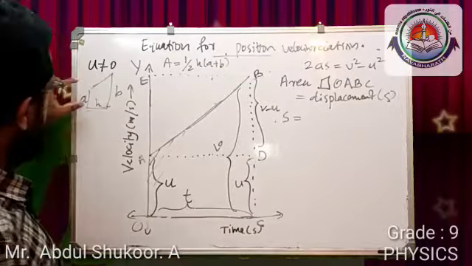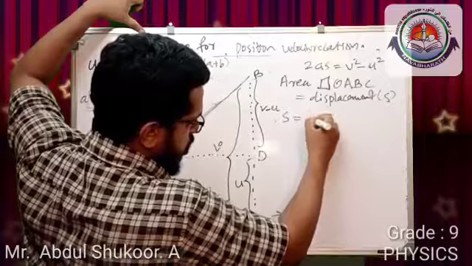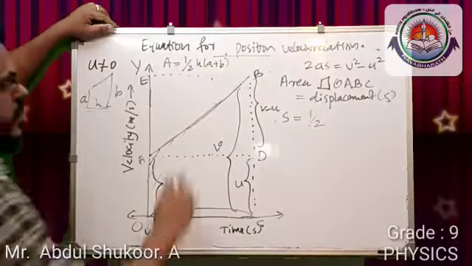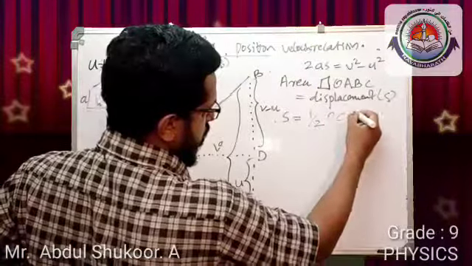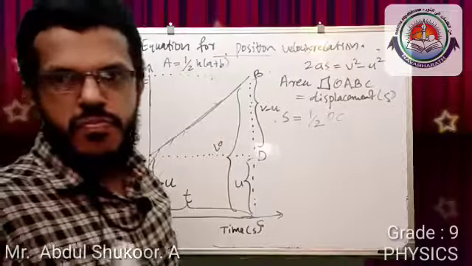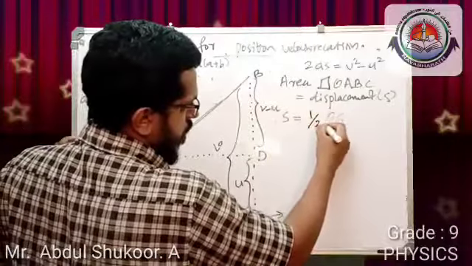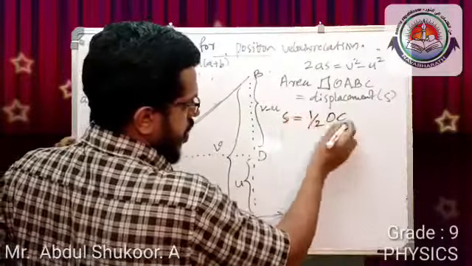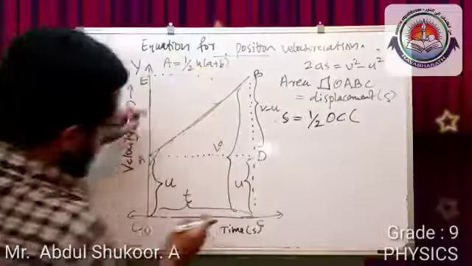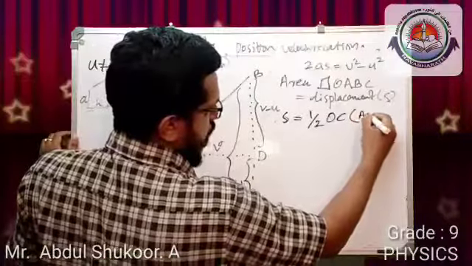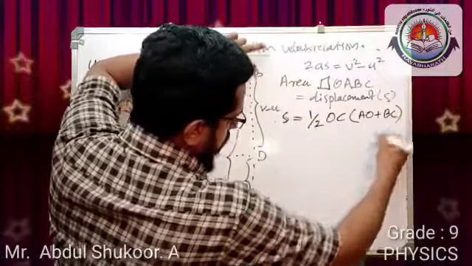Then from this equation we can write S is equal to half OC, where H means OC, into A plus B, that is AO plus BC.